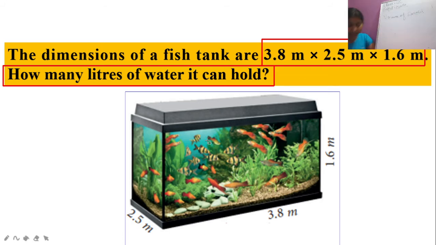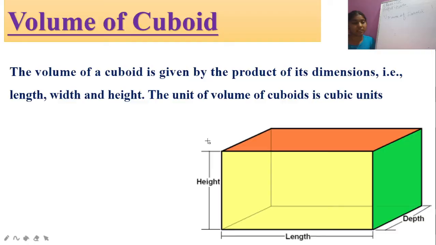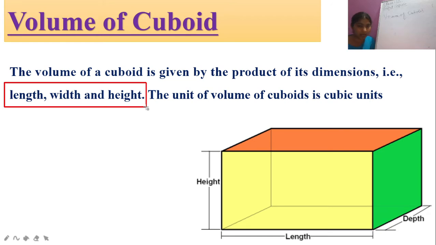Okay students, let's see. First we have the volume of a cuboid. What do you mean by volume of a cuboid? The volume of a cuboid is given by the product of its dimensions: length, width and height. Then you can find its volume. To find how much water we require, we just multiply all the measurements which we have in the dimensions.